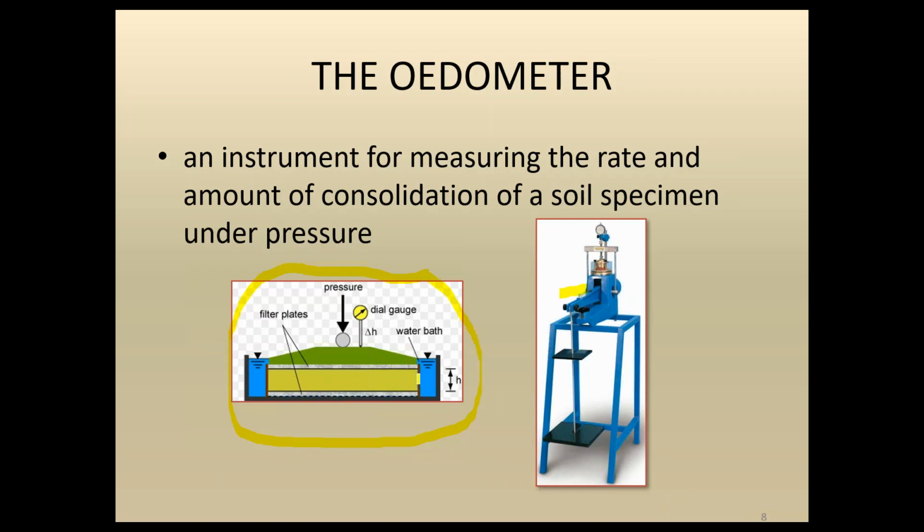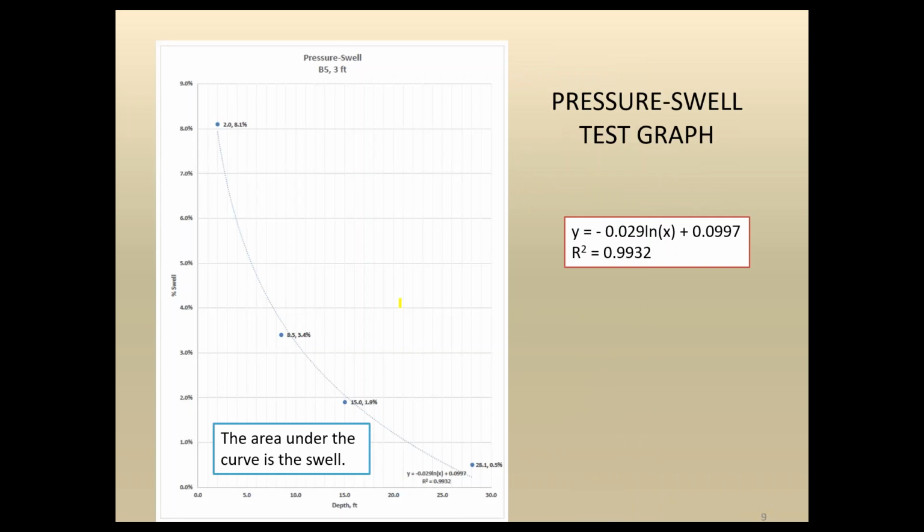So what you see here is the ring, the sample sitting in here between a couple of porous stones and filter paper, all inundated in water, and the loading cap here where the pressure is applied, and a dial gauge for measuring the swell that is expected to occur.